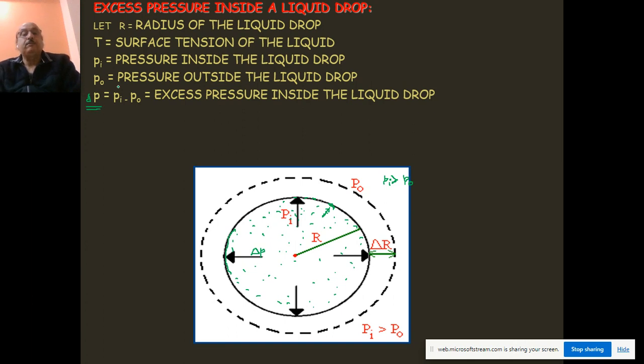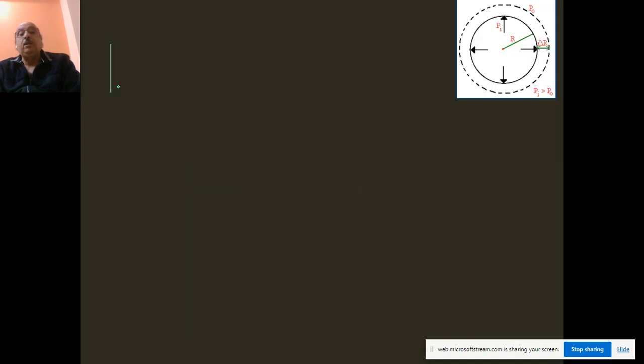Let us consider this excess pressure delta P changes the radius of this liquid sphere by delta R. The new radius will be R plus delta R because of the excess pressure.